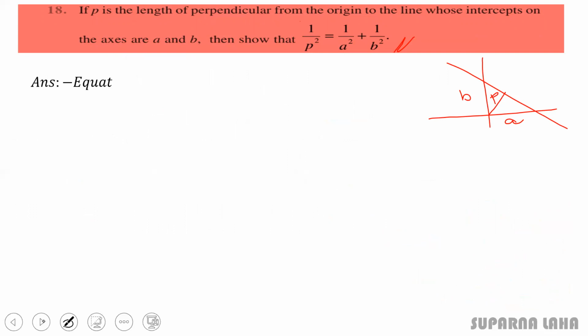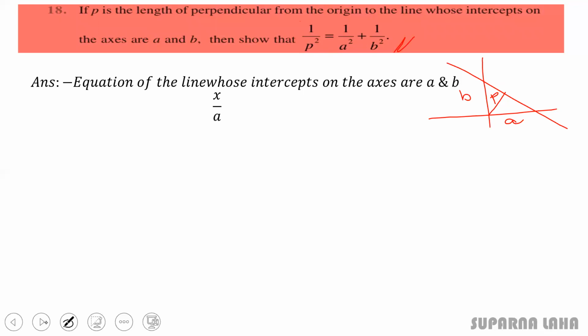So the equation of the line is x by A plus y by B equals to 1, since A is the intercept on the x-axis and the y-intercept is B. If we simplify it into the general form, it will look like bx plus ay minus ab equals to 0.